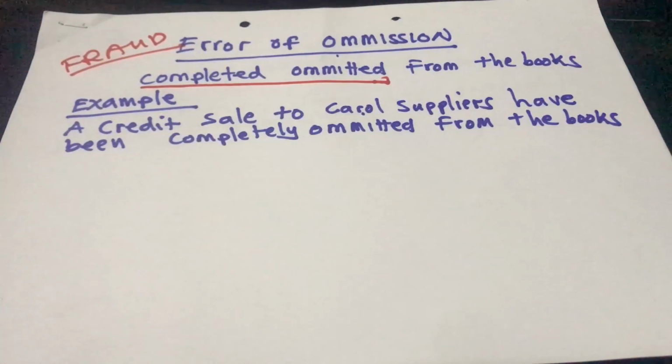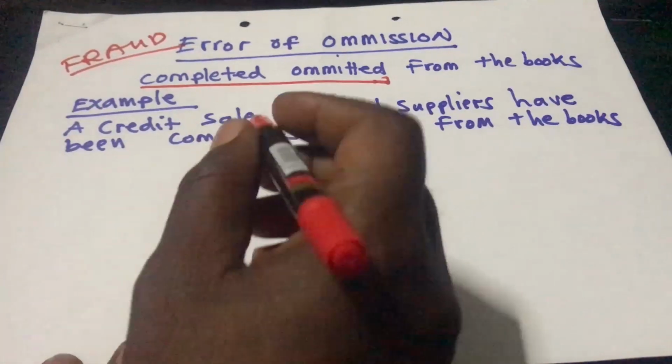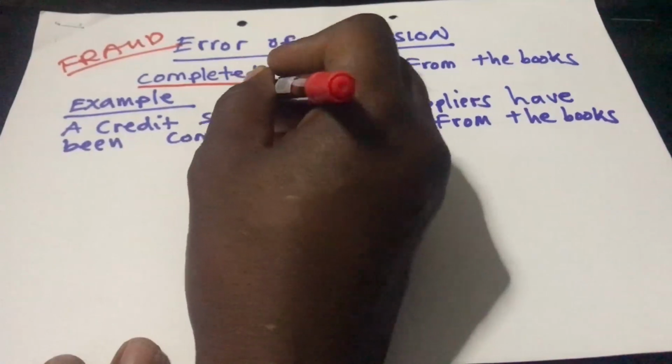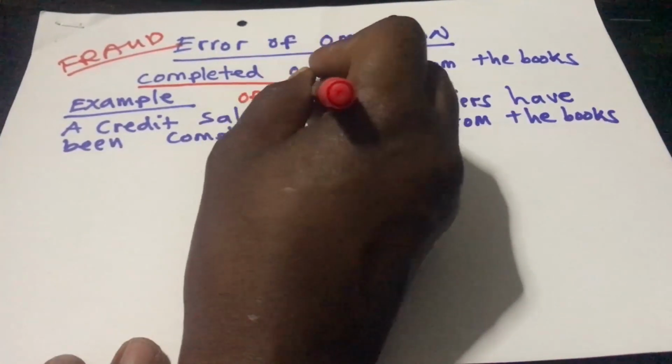So here is an example. A credit sale to Caro suppliers has been completely omitted from the books. So that is a what? That is an error of omission. So let's put a figure here. A credit sale of 400 kwacha.